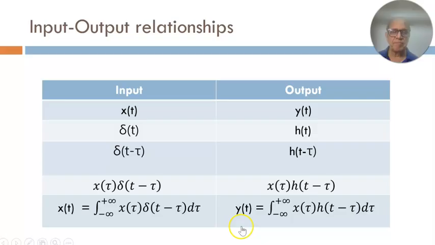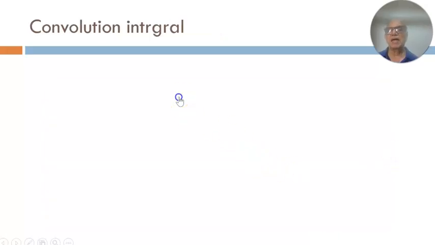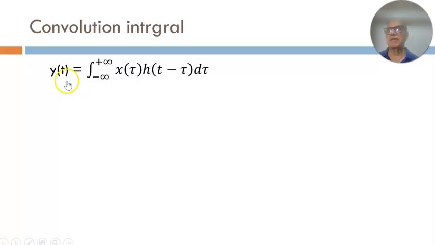So you can see here that the output is expressed in terms of the impulse response, no doubt delayed by tau seconds, and in terms of the input. For any input, if you can evaluate this integral, you can calculate y(t), provided you know the impulse response. That is why this is a very important integral, and it is called the convolution integral.